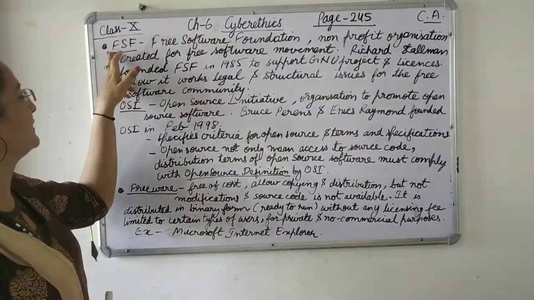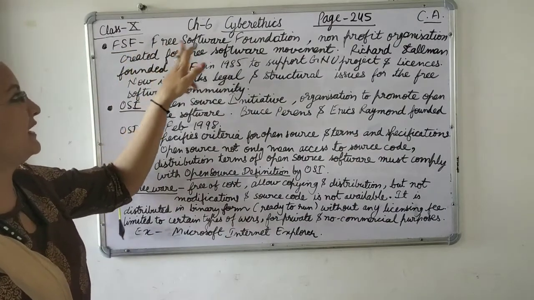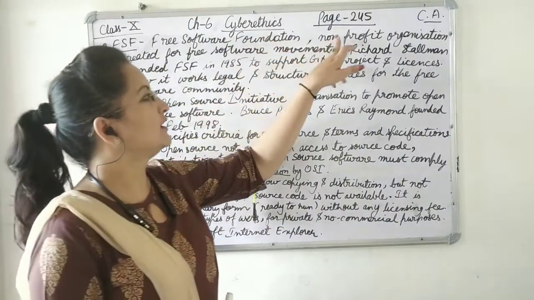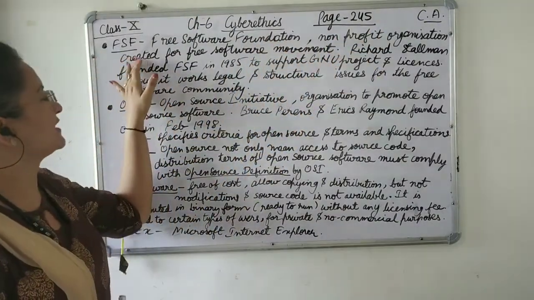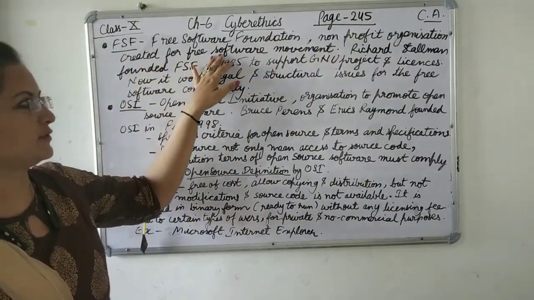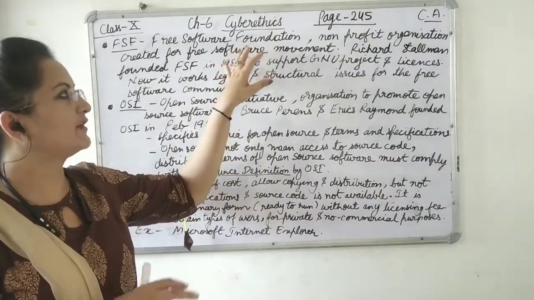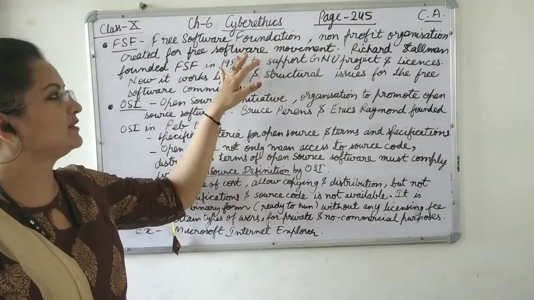So that is FSF, Free Software Foundation. Its full form is Free Software Foundation. Here the non-profit organization has created this for the free software movement, so that free software is available and people can use it.